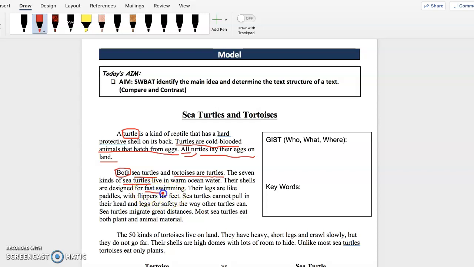I'm also going to underline this because it tells me that sea turtles are fast swimmers. Their legs are like paddles with flippers for feet. Sea turtles cannot pull in their head and legs for safety the way other turtles can. Sea turtles migrate great distances. Most sea turtles eat both plant and animal material.